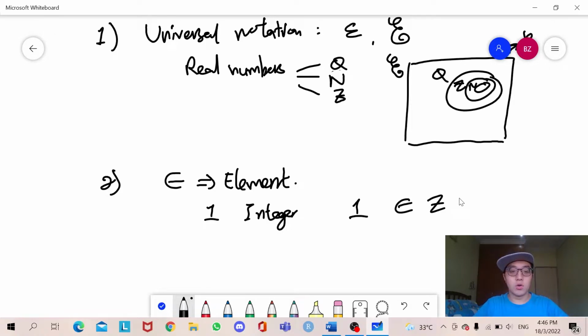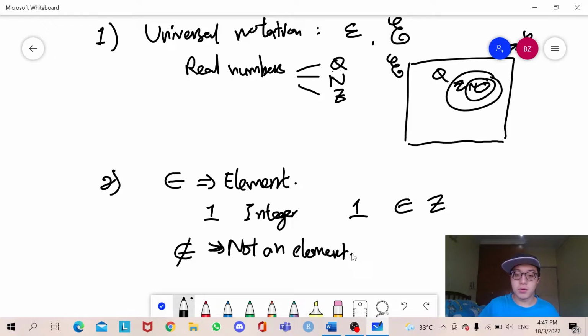This is how we denote an element. If it's not an element, we write it with a slash. For example, root 5 is not an element of the rational numbers. So this is how you denote is an element of and is not an element of.